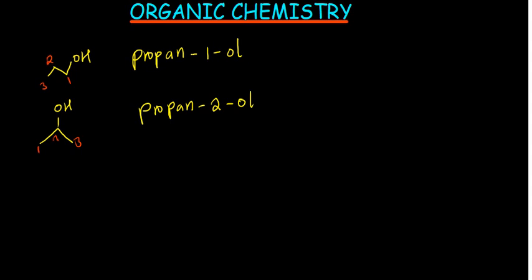Now there's something really important that you need to pay attention to when you've got more than one OH. So say we have an OH here, then CH2, CH2, and then another OH. How many carbon atoms? Of course, I can also write this like this.